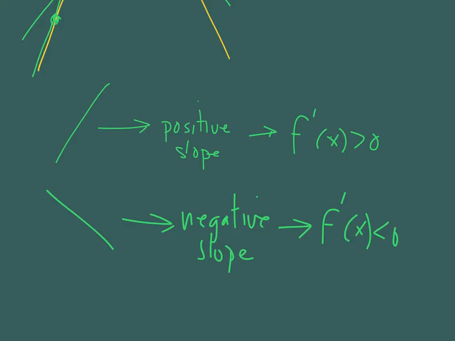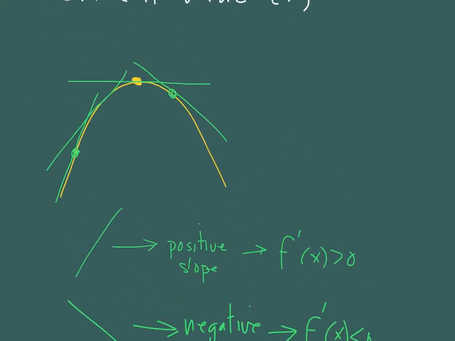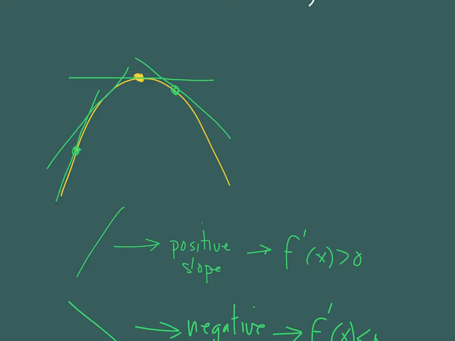And again, at the turning point, which is the maximum or minimum point, the derivative there is equal to 0. Something that we have to note. Later on, when we discuss the first derivative test and the second derivative test, we will be repeating this process over and over again. Even if the problem is different, the process will be the same.